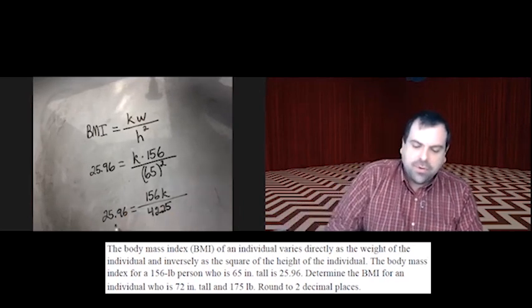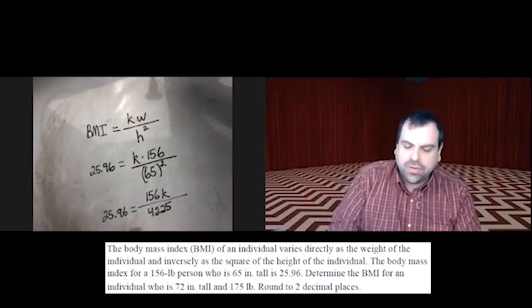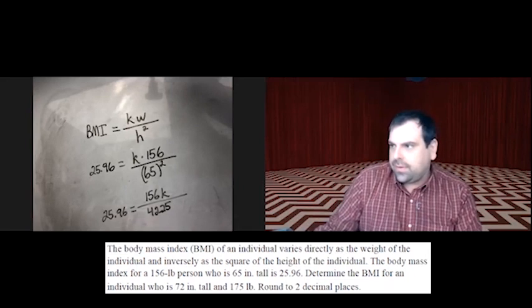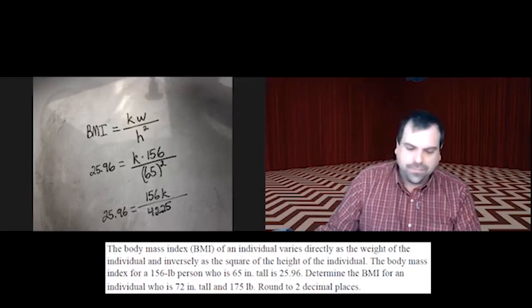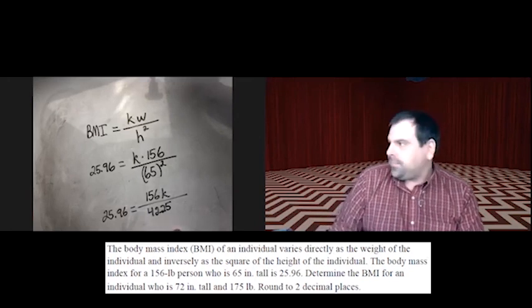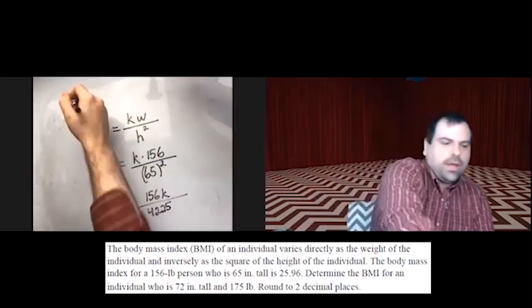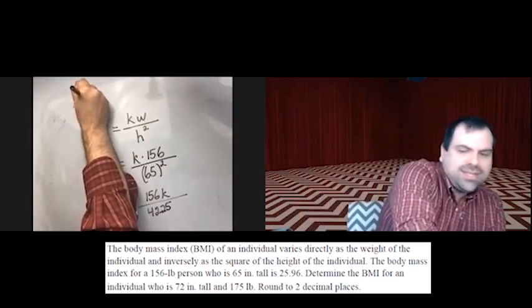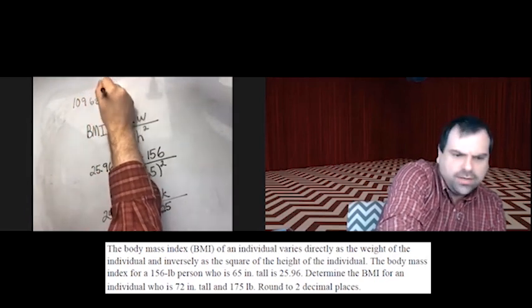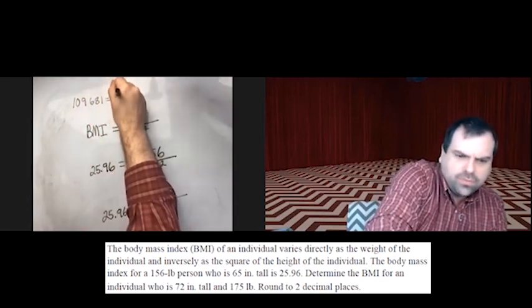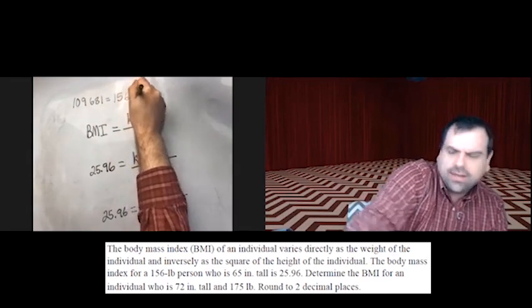If I multiply both sides by 4225, 25.96, I get 109,681 is equal to 156K.